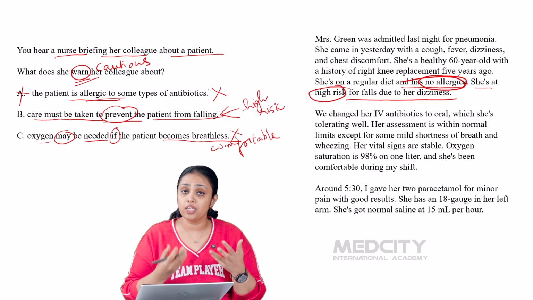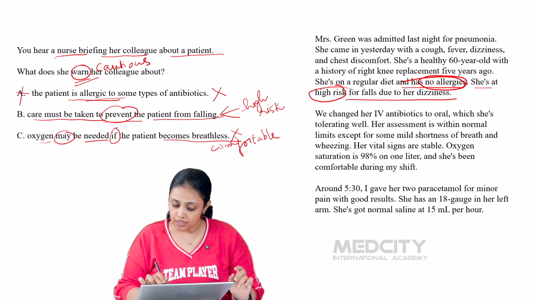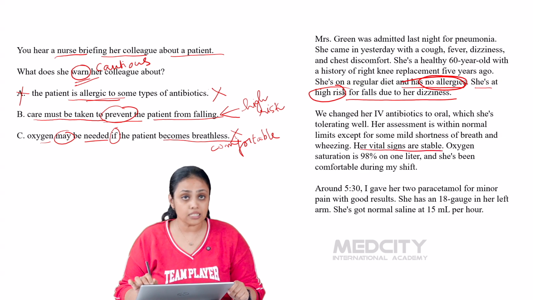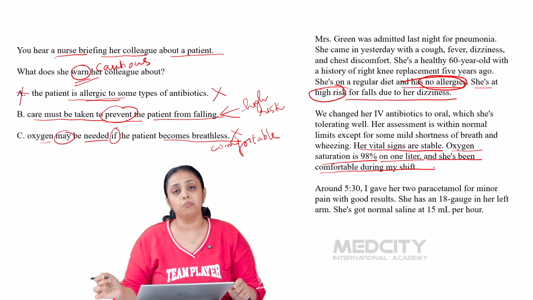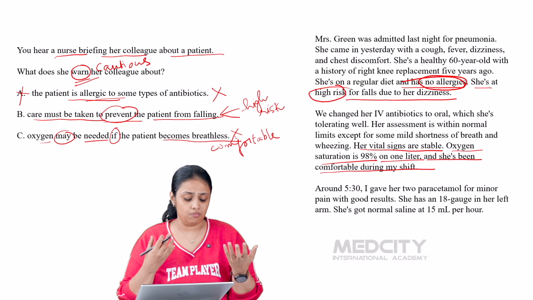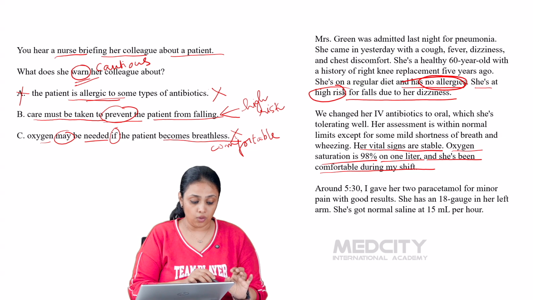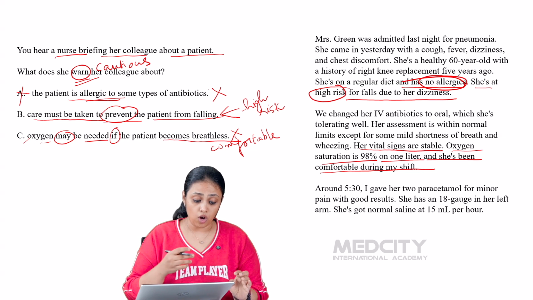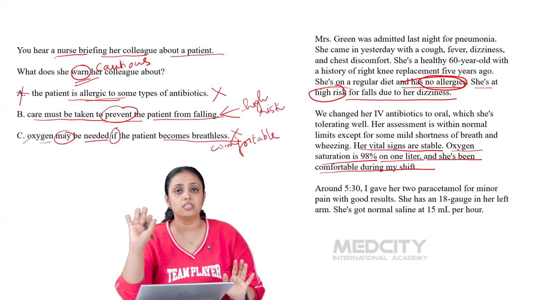Let's see whether we are hearing anything regarding option C as well. You hear the nurse saying her vital signs are stable, oxygen saturation is 98% on 1 litre, and she's been comfortable during my shift, which means there are no signs of any complication mentioned during the briefing. Option C says oxygen may be needed if the patient becomes breathless, but you cannot hear any such reference.